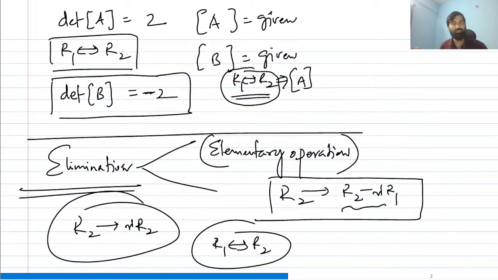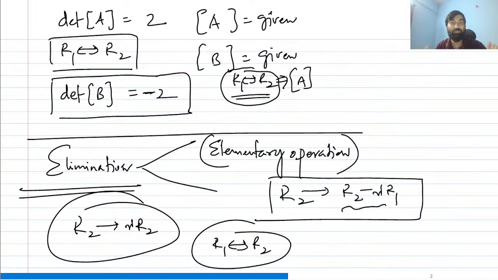You can apply elimination and elementary operations without a second thought. If you don't know the rank of the matrix, then you can't get the solution and lose 5 marks.